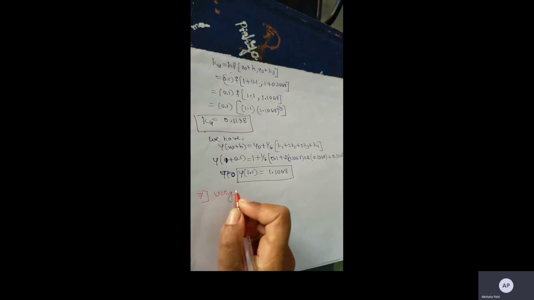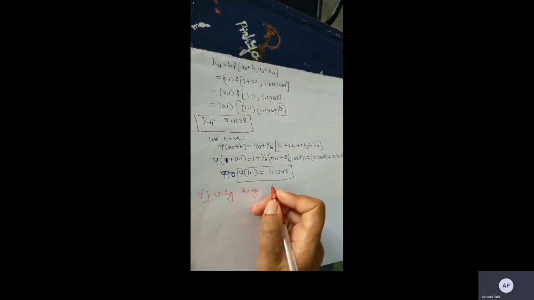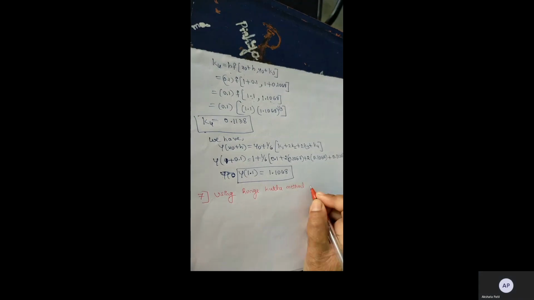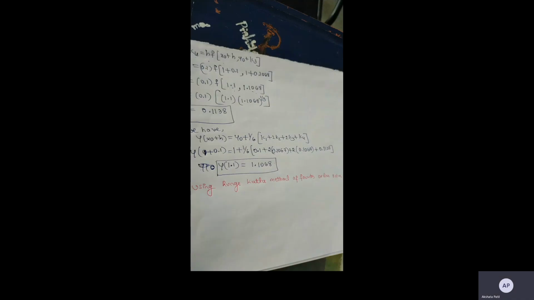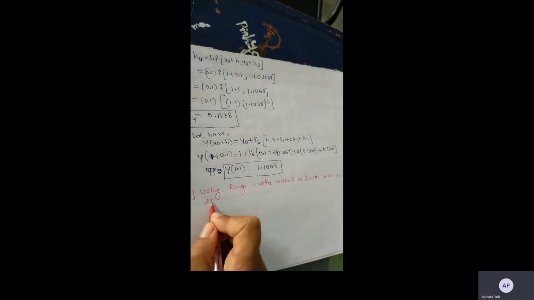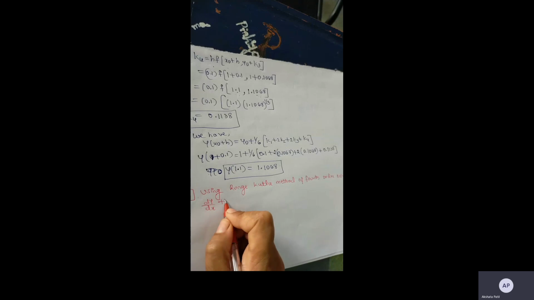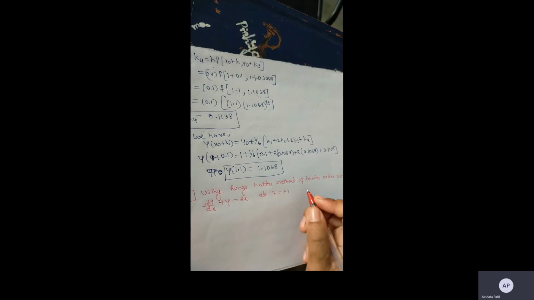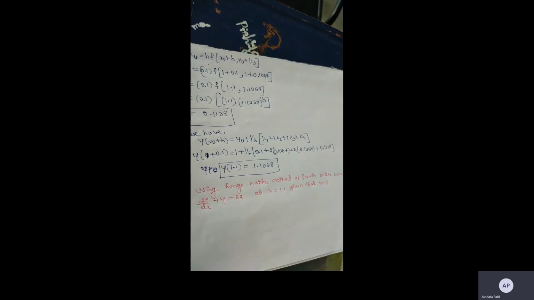Using the Runge-Kutta method of fourth order, solve dy by dx plus y equals 2x at x equals 1.1, given that y equals 3 at x equals 1 initially.